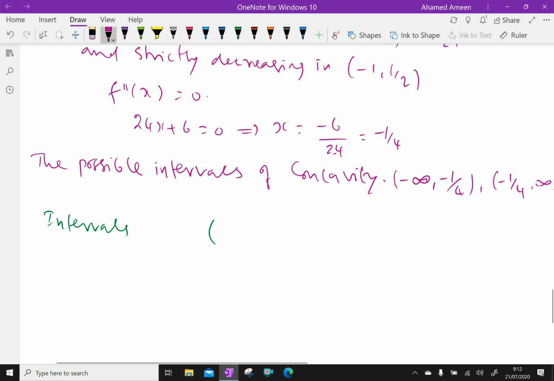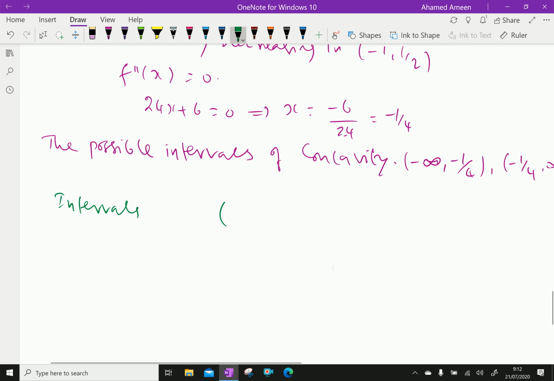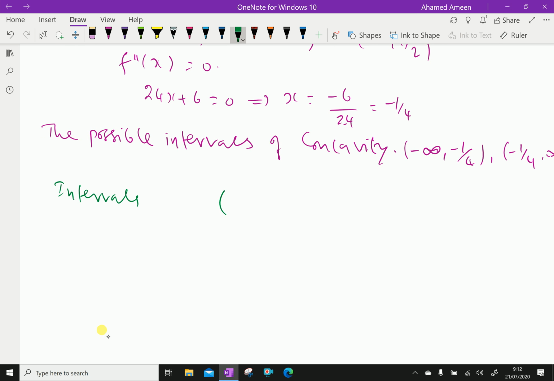So we'll discuss the intervals now. The first interval is minus infinity to minus 1 by 4. The second is minus 1 by 4 to positive infinity.